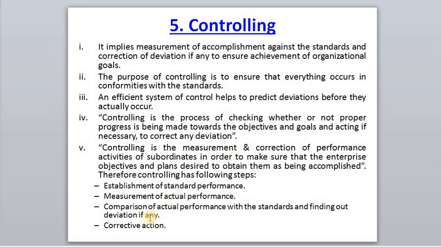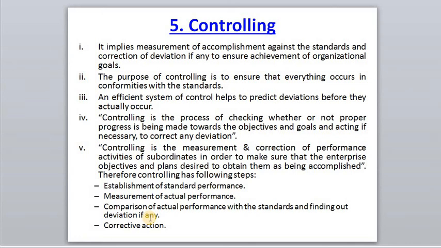The third point is comparison of actual performance with the standards. So actually, what is the difference, whether it is correlating with the standard performance or not. So we have to correlate with the standard performance. The speed of the work or the quality of the work is to be correlated with the standard which we have fixed related to the construction work. Okay? Some standards are fixed, so we have to achieve those standards and maintain them.